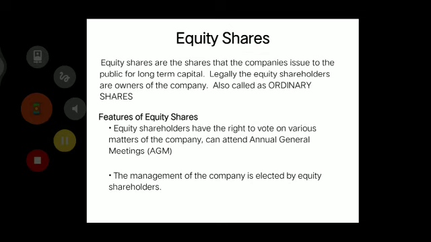So investors apply for the shares, and the company collects their money and issues them share certificates. From now on these people are called shareholders. They are typically part owners of the company. These shares are called equity shares or ordinary equity shares.